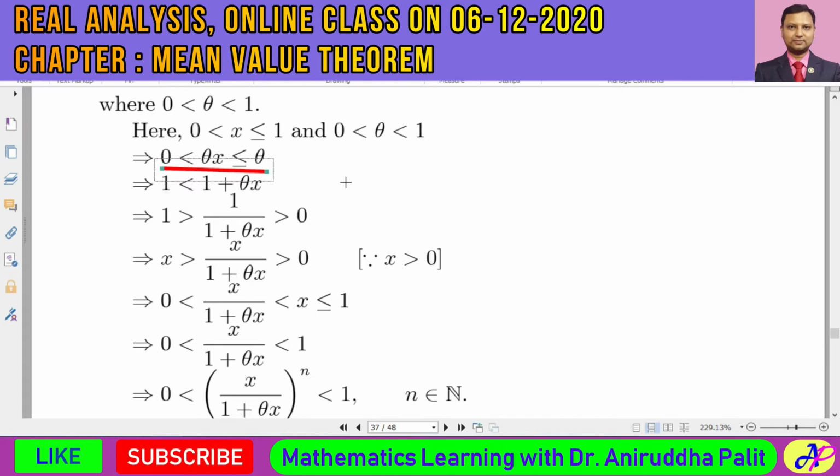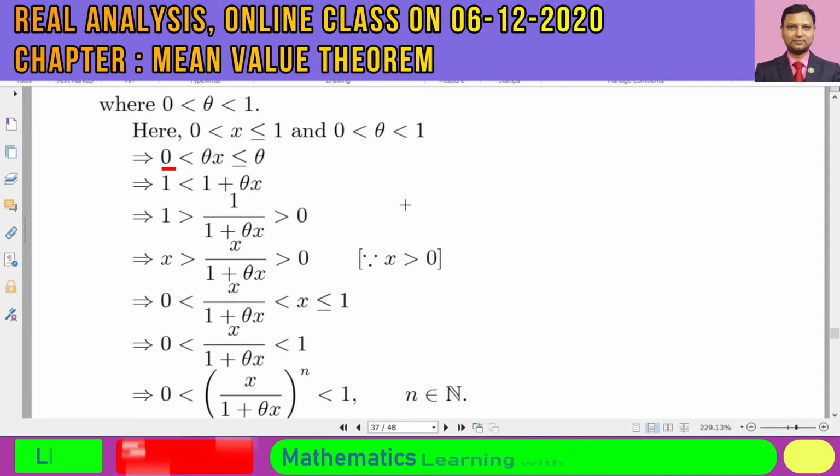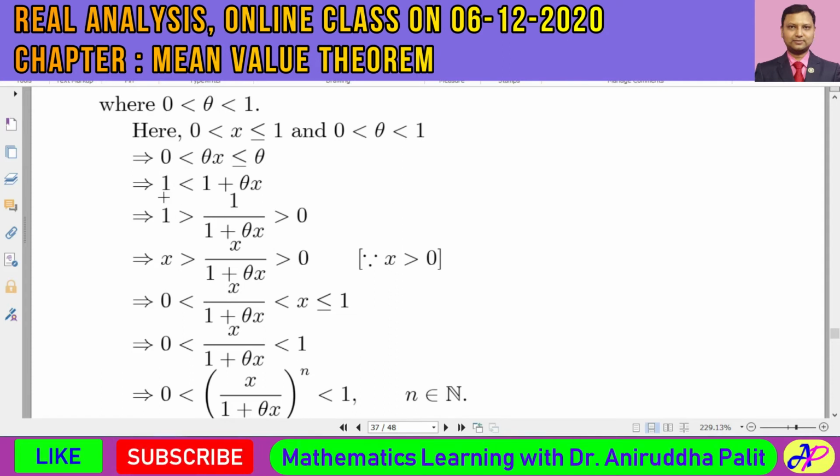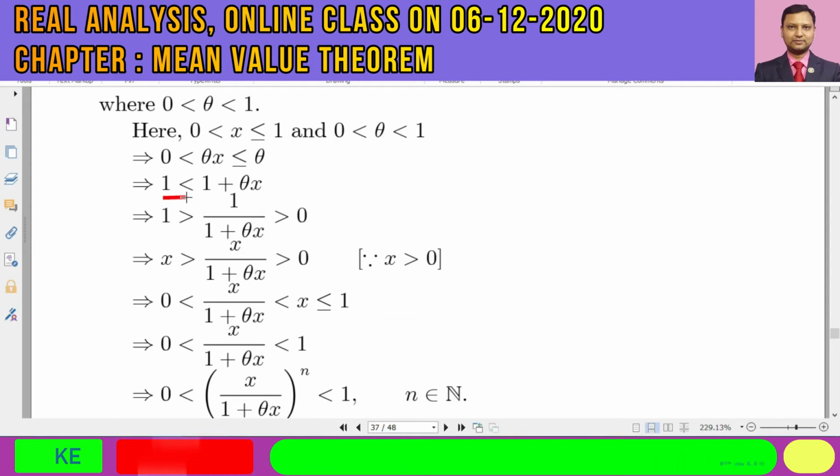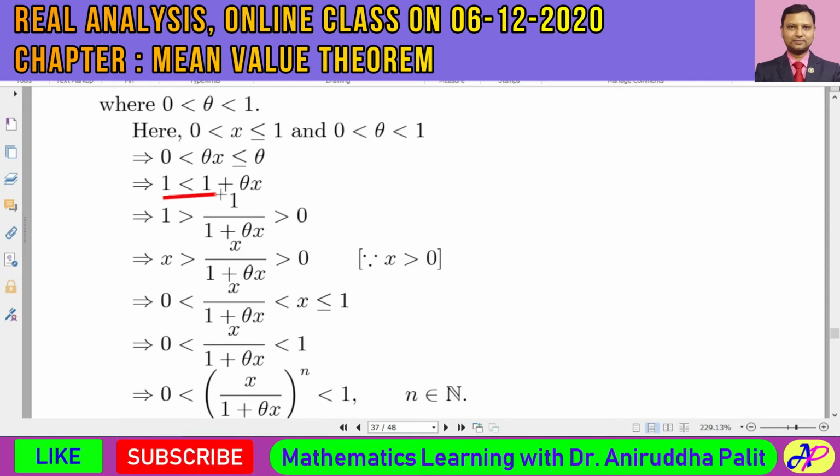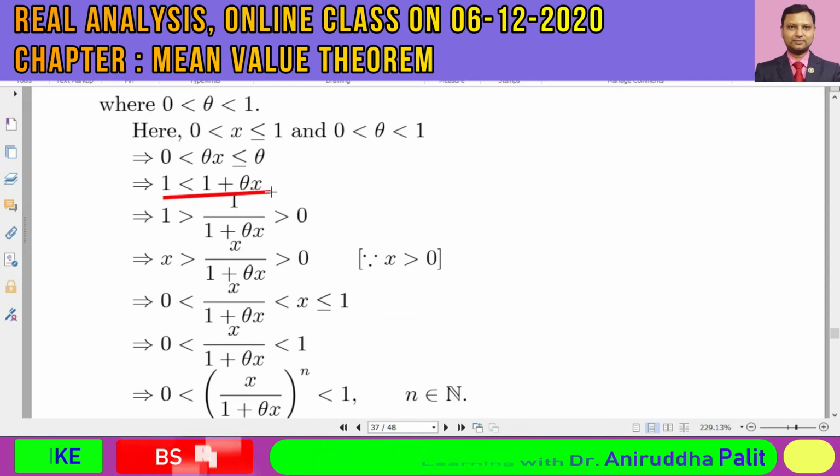And we then add 1 on the left hand side and on the middle term. In that case, we have the result that 1 less than 1 plus theta x.